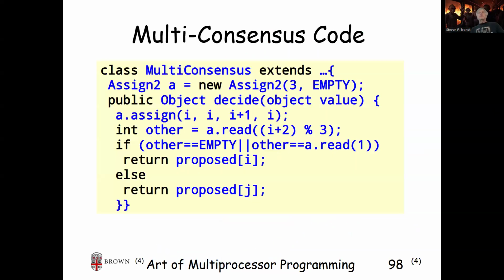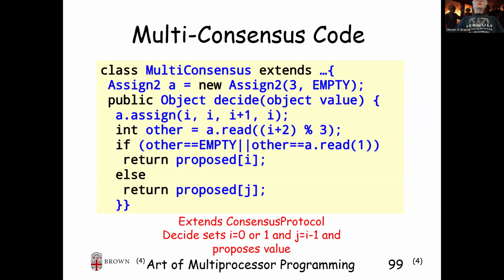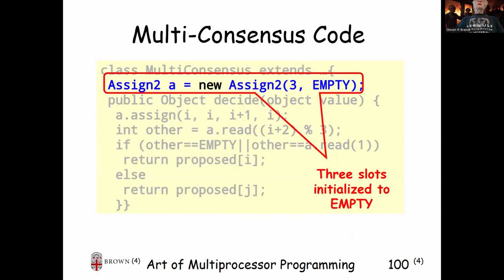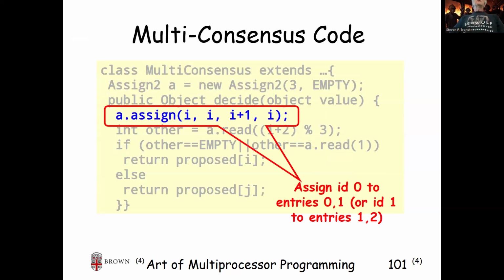Okay, so the way that we do this is here's our code. We're going to create our assign object. And then we're going to assign to locations i and i+1 the value i. So if I'm thread 0, I'm going to write memory locations 0 and 1.